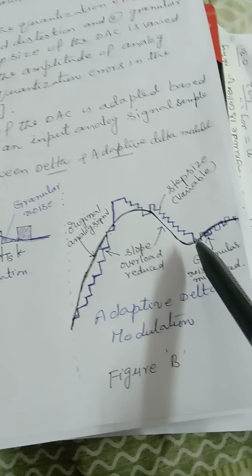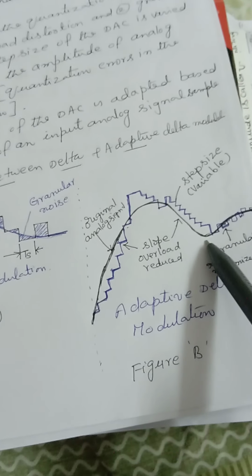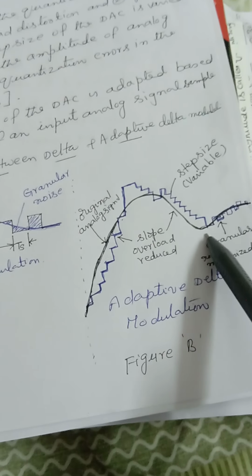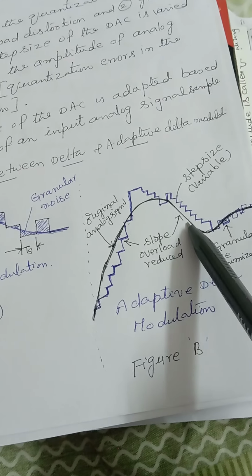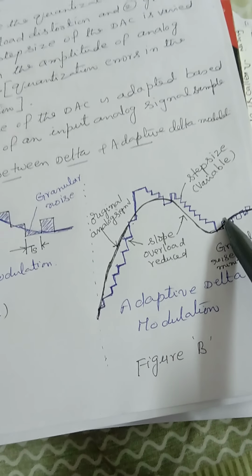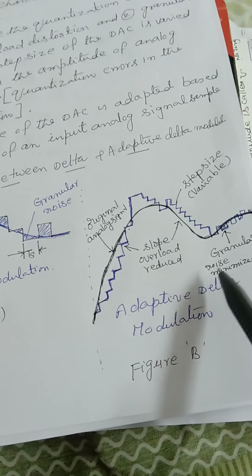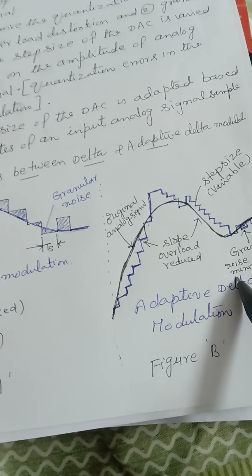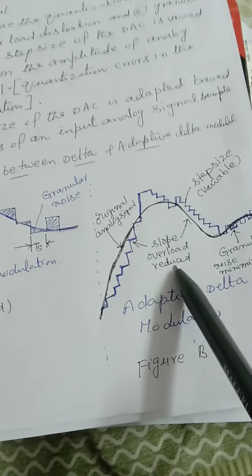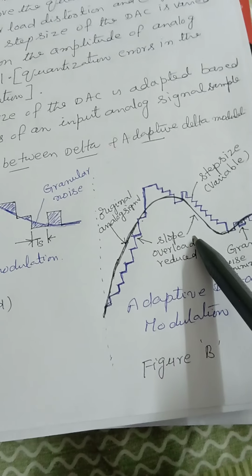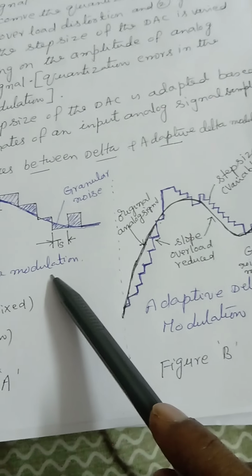Now you come to the granular noise. Here also the step size is varied according to the input analog signal. Therefore, granular noise is minimized. This is the basic difference between adaptive delta modulation and delta modulation.